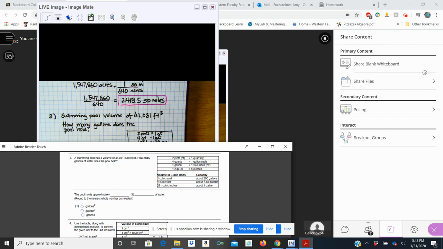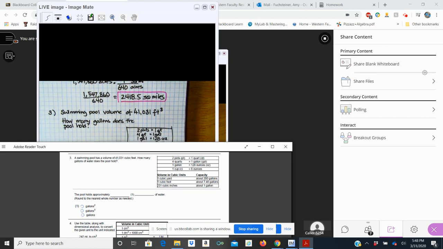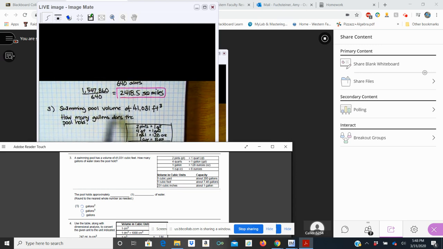So it's essentially asking me, which one of these do I need to solve my particular problem? I've got cubic feet. That's what I was given. In this particular problem, only this row mentions cubic feet. And it converts cubic feet to gallons, which is what my question was.